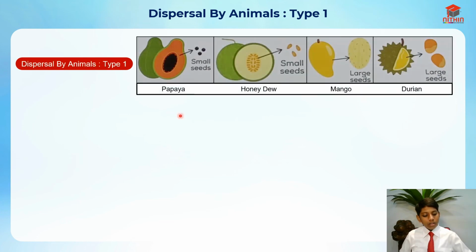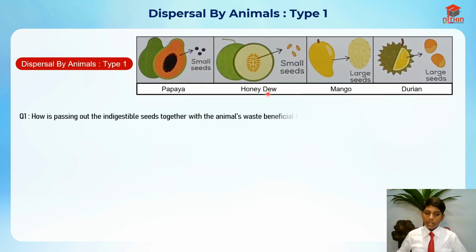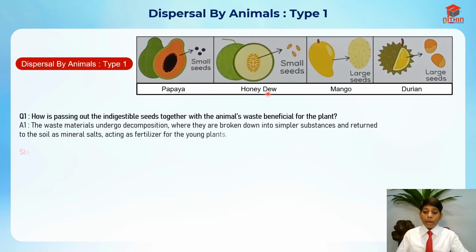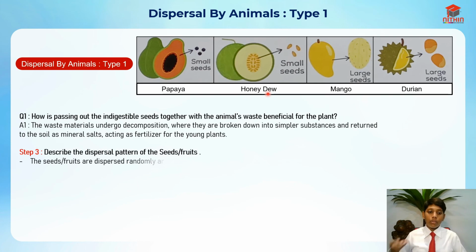Still type 1. So now I'm going to give you a question and explain this. Okay, so this is for type 1 and I'm going to show you how the passing out of seeds with the animals' waste is actually beneficial for the plant.